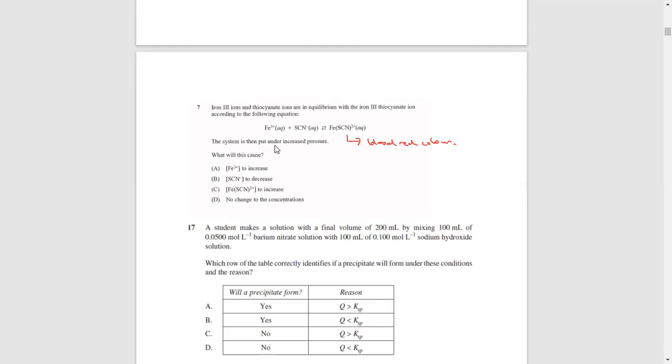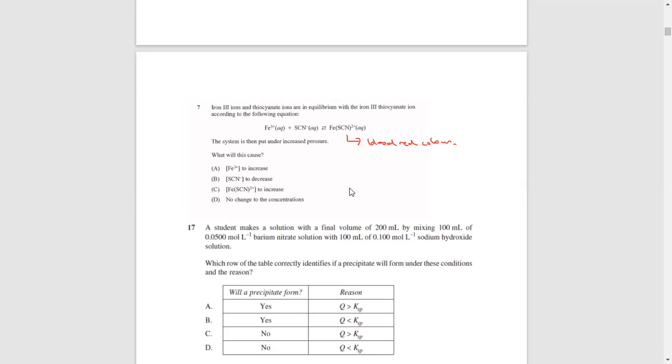So the system is then put under increased pressure, and what will it cause? Take 15 seconds, give me your answer in the chat. So time's up.